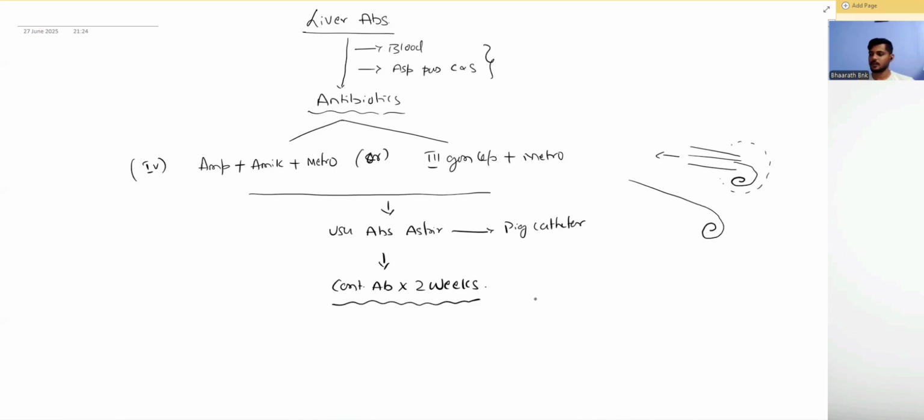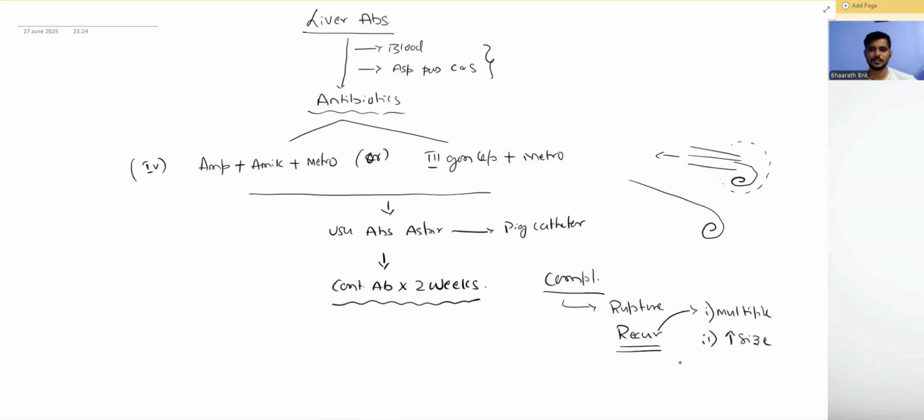Right. But sometimes, the complications of this liver abscess would be rupture of the liver abscess, as I said earlier, or the liver abscess can recur. The recurrence rate is very common if there are multiple abscesses, and if the abscess that was drained initially was a huge abscess, right?